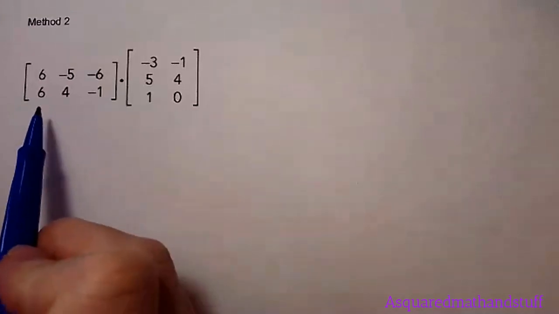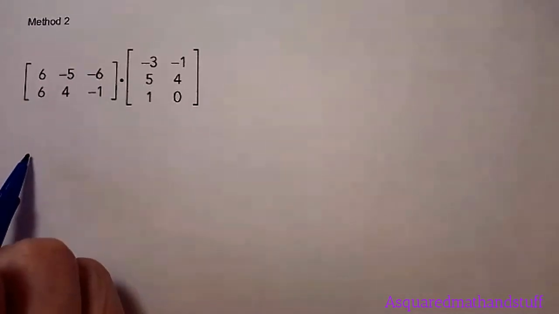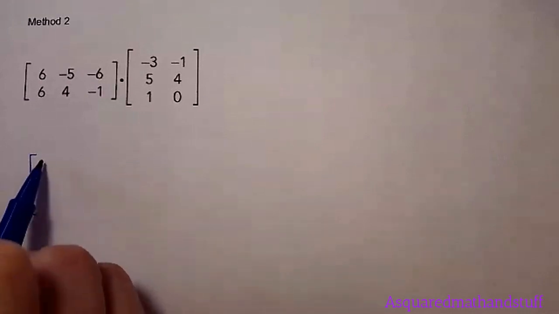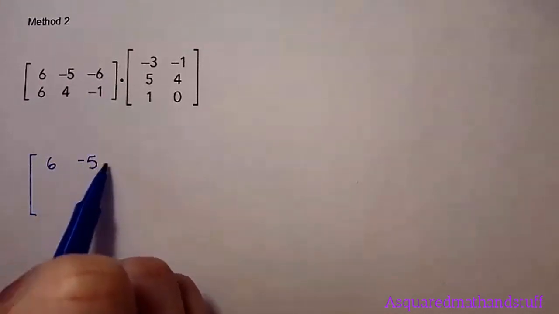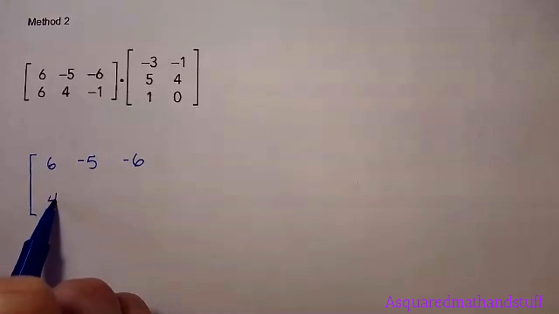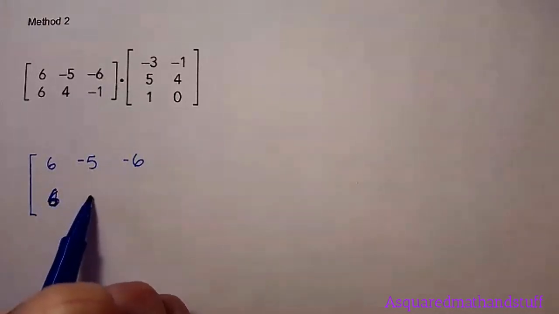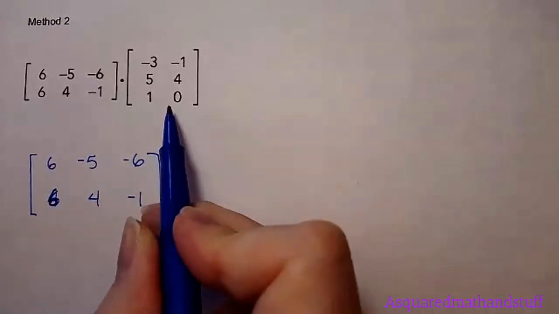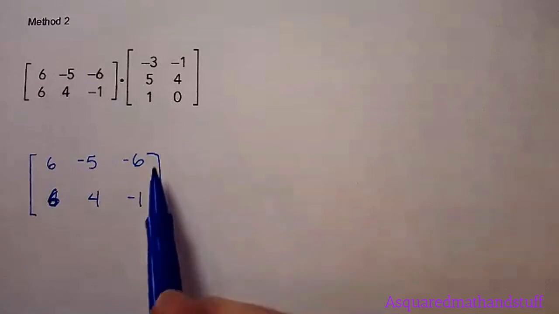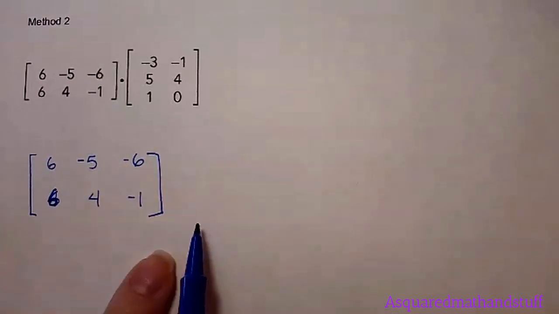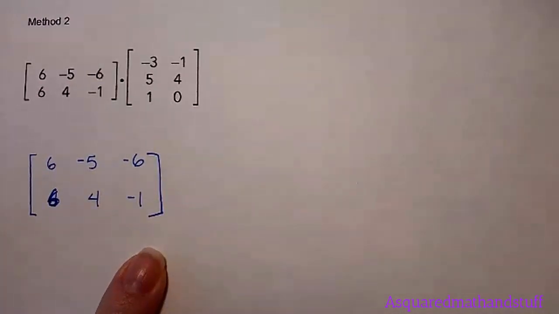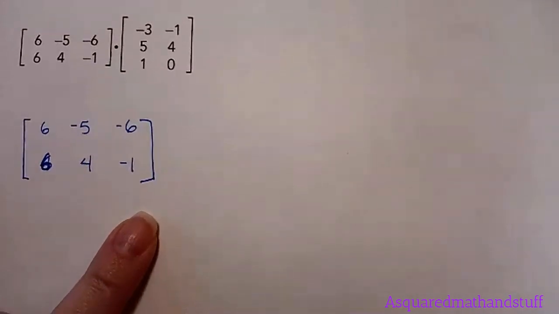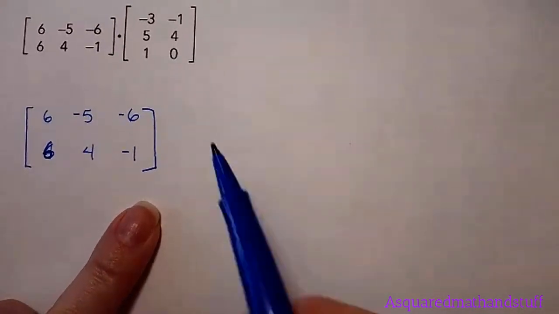I'm going to take this first matrix and set it up just right down here. 6, -5, -6, 4, oops, it's not a 4, that's a 6. So 6, 4, -1. And I'm going to take the second matrix and set it up kitty corner below and to the right of the first one.